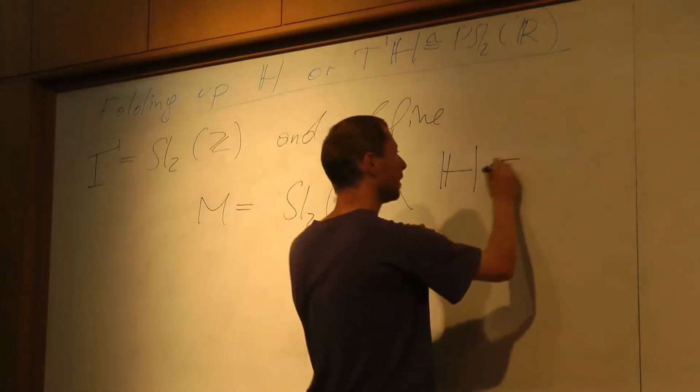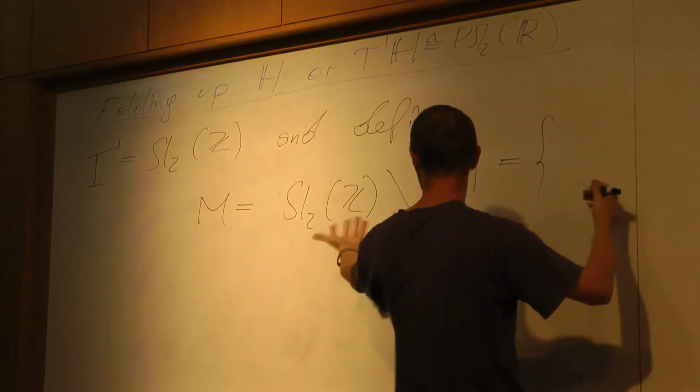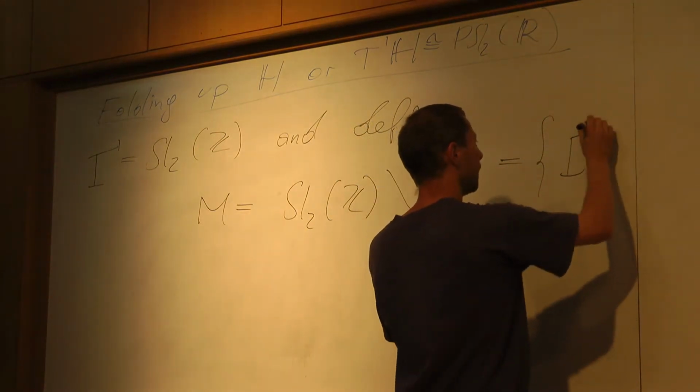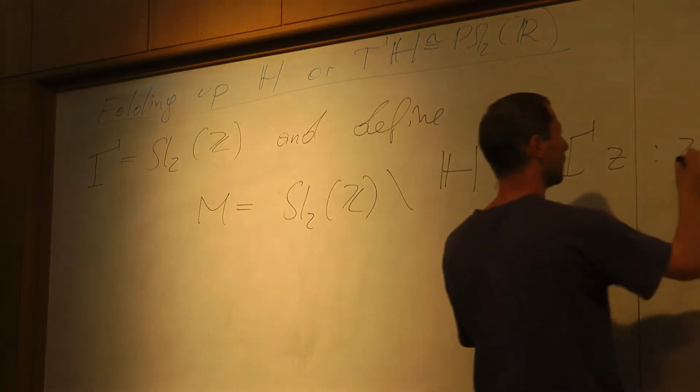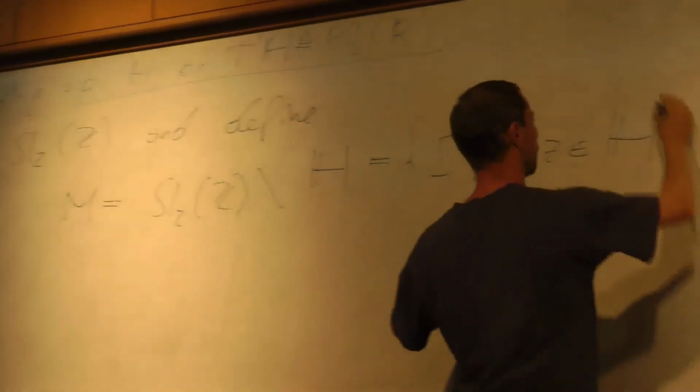So that's just the set of orbits, right? It's the gamma orbits of a point z in the hyperbolic plane.